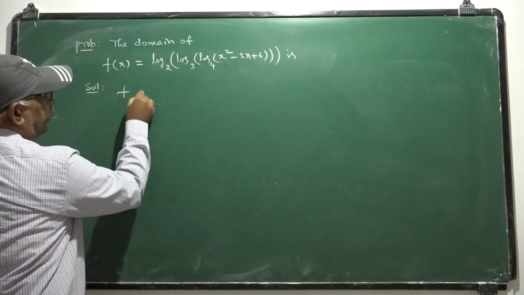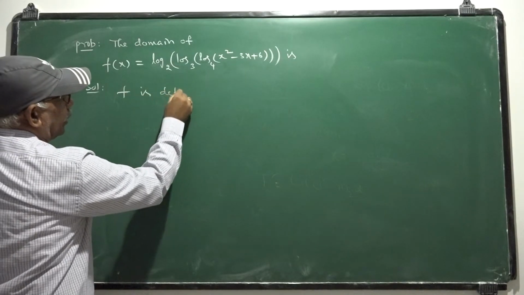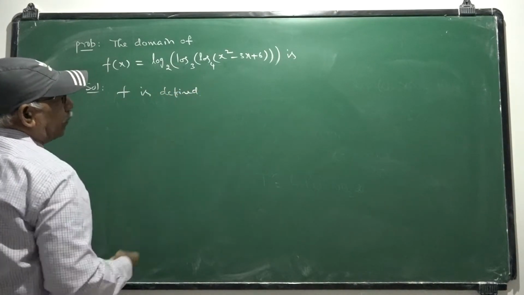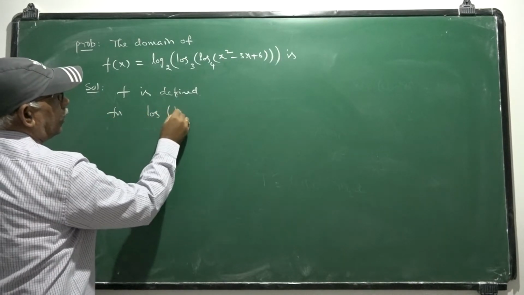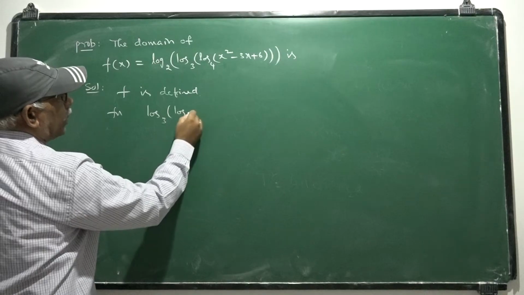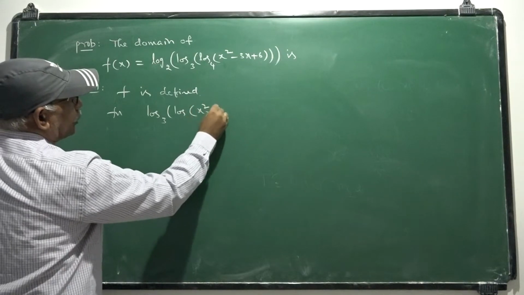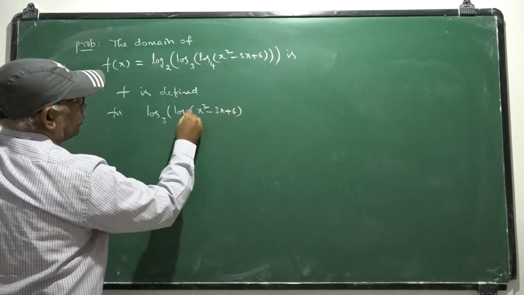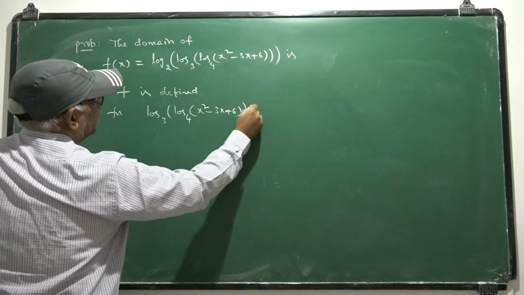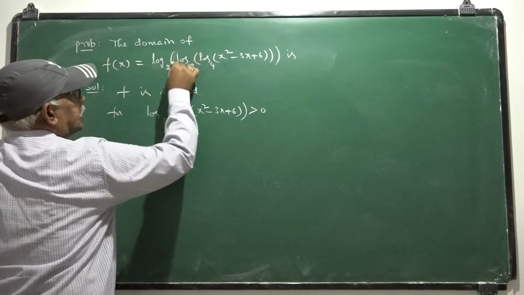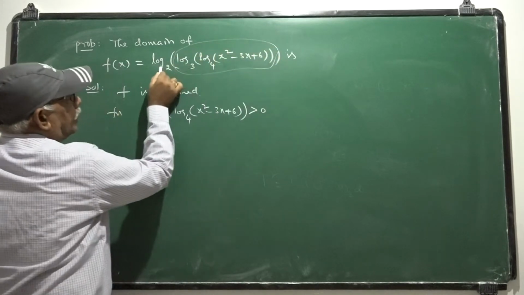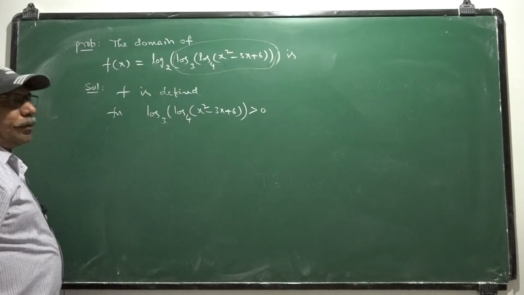Hence, f is defined for log to the base 3 of x square minus 3x plus 6 to the base 4 greater than 0. Once this part is positive, this logarithm is valid.